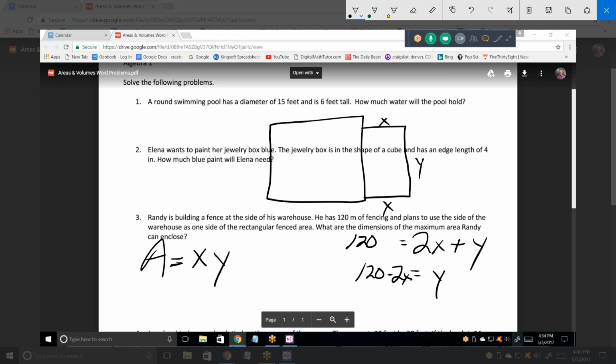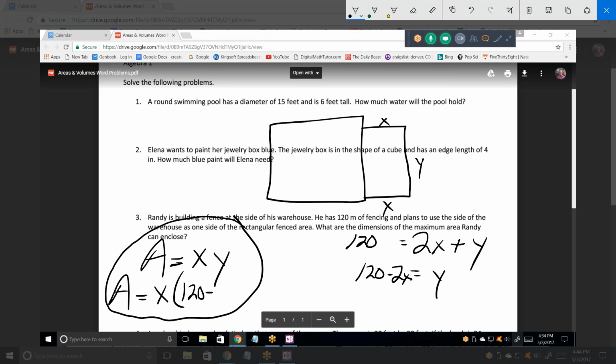Now, let's go over to our main equation, and I call it the main equation because that's the one we're trying to maximize. In terms of one variable only, I'm going to substitute 120 minus 2x for y. So that's going to give me x times 120 minus 2x.